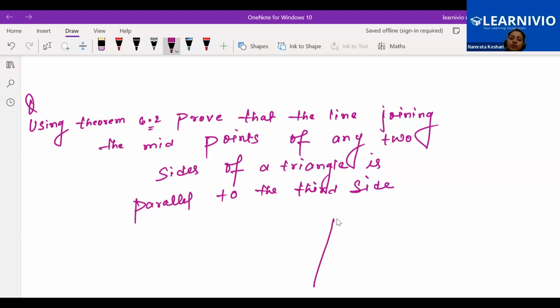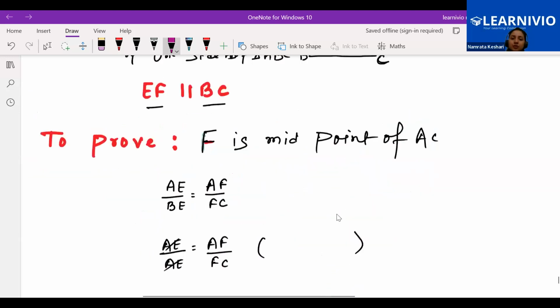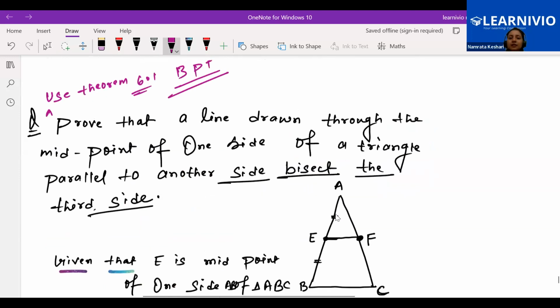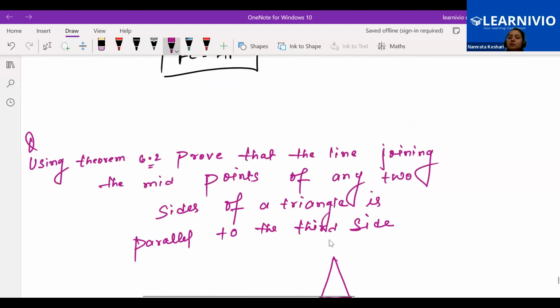When we are having a midpoint here and a midpoint here, and we join them, basically this is the midpoint theorem, and that was the converse of the midpoint theorem, right? Yes, ma'am.